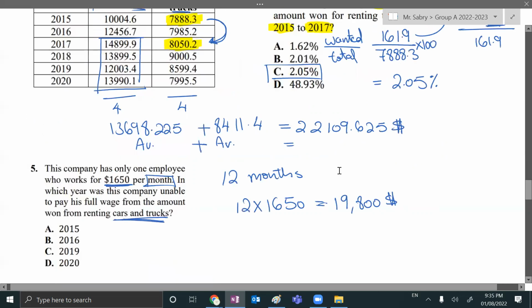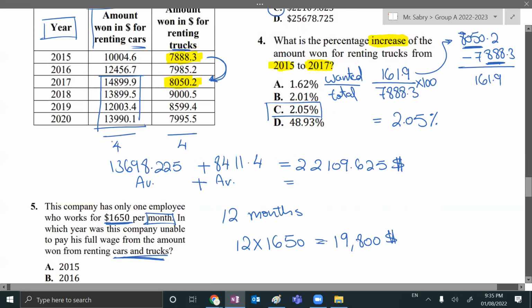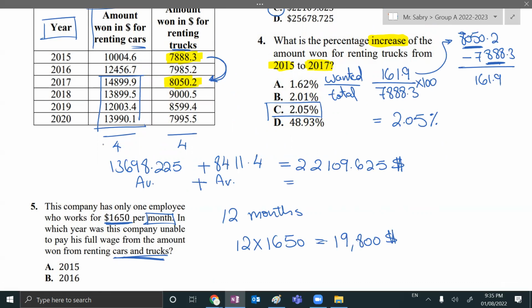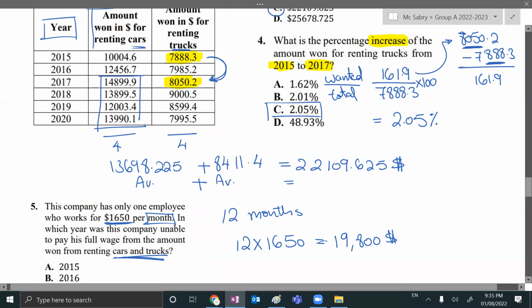We need to check in which year the sum of the money they got from the cars and the trucks together did not reach 19,800. So we just need to add cars and trucks for each year, keep adding these two, and then these two, and so on.